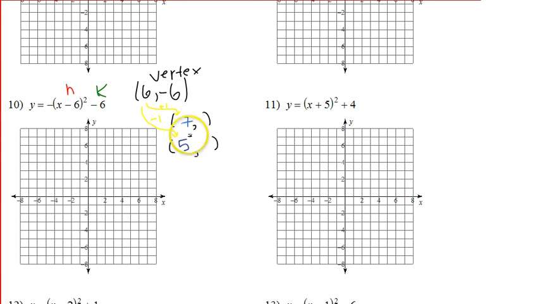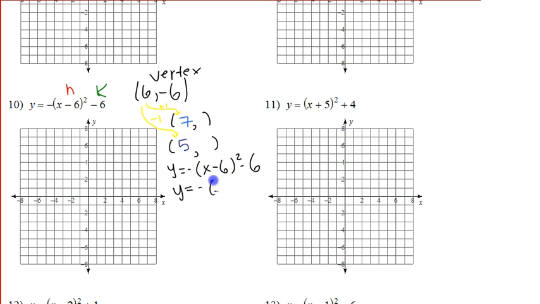So we have 7 and 5. We need to find the second number inside here. The way we find it is we start with the original y equals negative x minus 6 squared minus 6, and plug in either 7 or 5. Either one would work. We'll choose the 7.